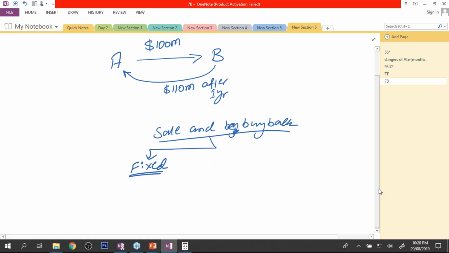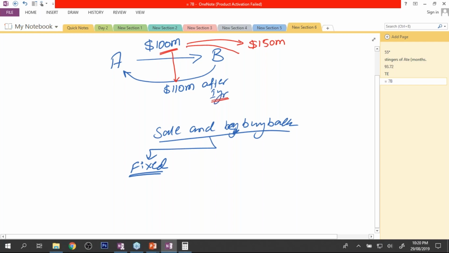The answer is no, because the risk and rewards have not been transferred to B. If the price of this instrument increased to 150 after a year, does B gain from the increase in value? The answer is no, because B will only get $10 million additional.